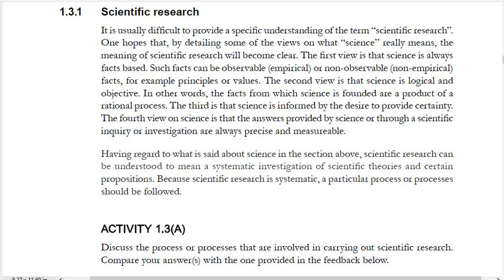So guys, what you can simply do here is to look for the, let's say, okay, let's do this. Let me just highlight it. Okay, good. We can simply say that scientific research is research that is based on some facts.